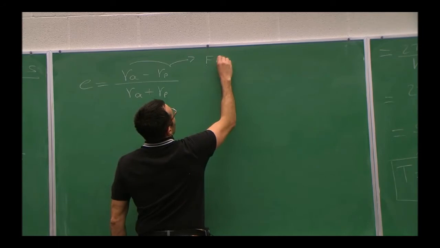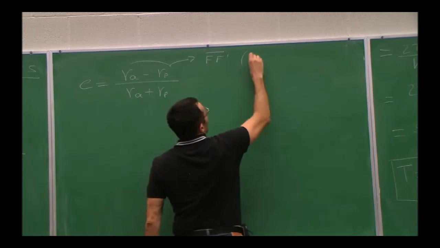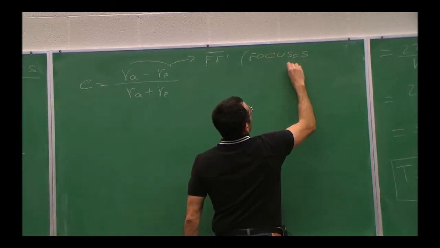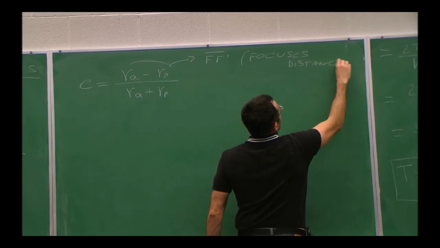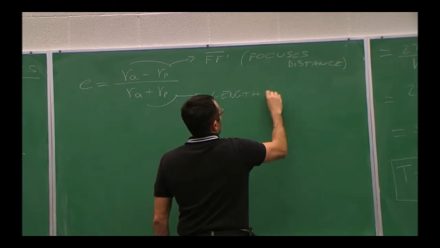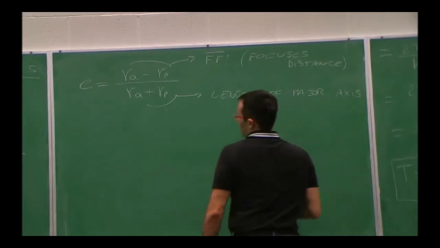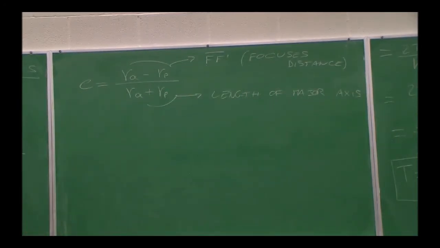This is F prime, and RA plus RP is the length of the major axis. Which will have to go to 0 if the two focuses collapse into one, and again you have a circle, right?